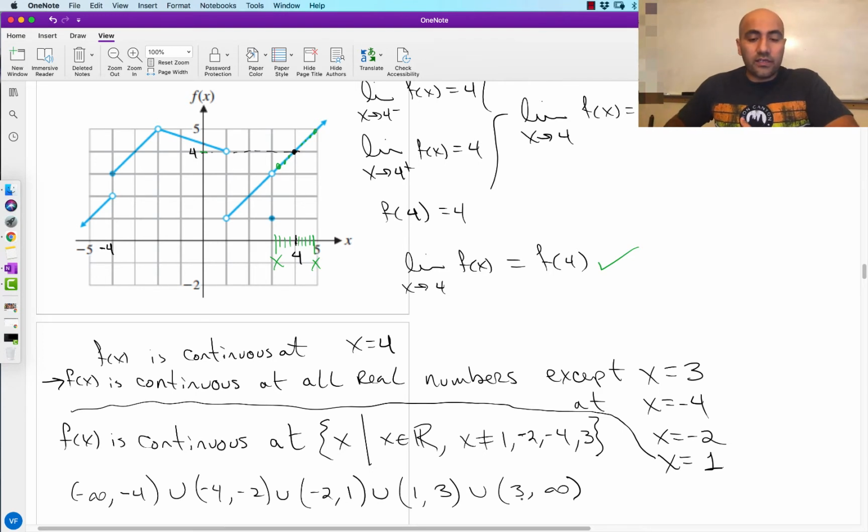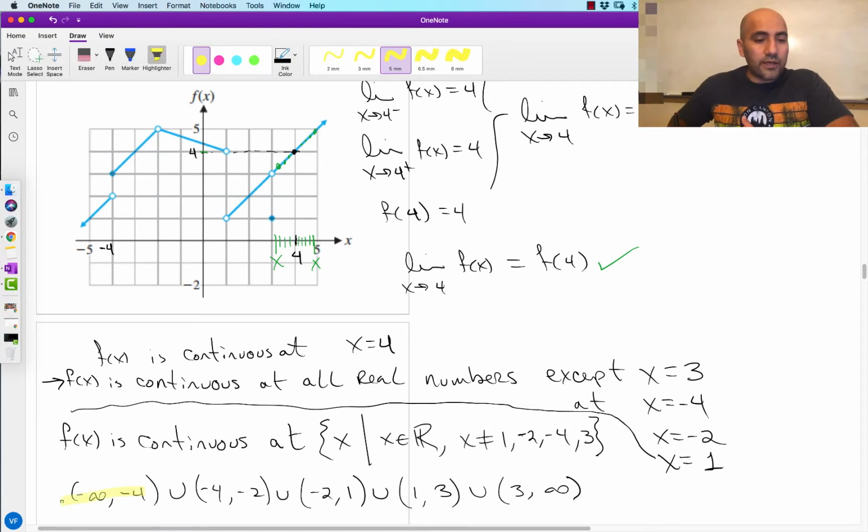Or you can use this notation. This is indicating that it's all real numbers. Here, let me put it on the underline. This right here is indicating it's continuous for all values to the left of -4, from -infinity to -4. And then this part is saying all values between -4 and -2, that would be all of these values right in here, right? And it's parentheses and union, so it's leaving out a little hole there. It's not continuous at -4, and it's not going to be continuous at -2. So from -2 to +1, that would be these guys.